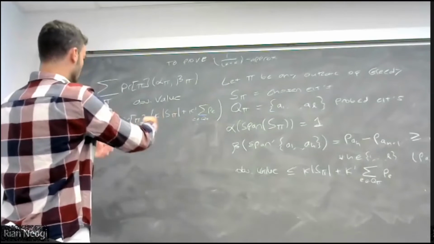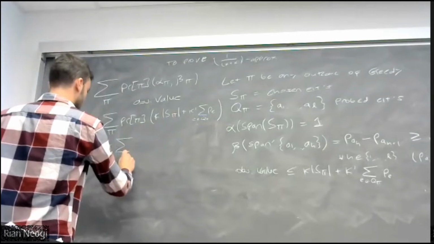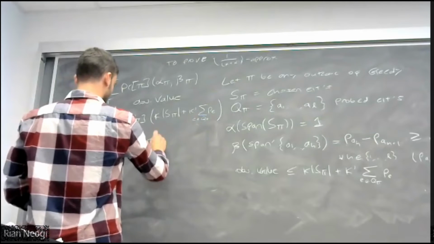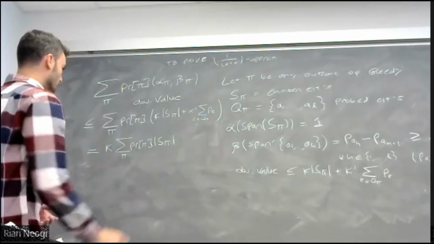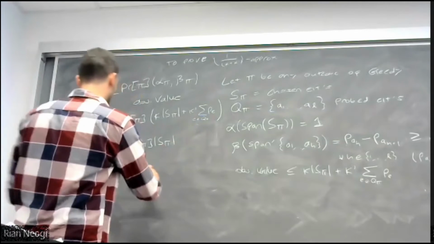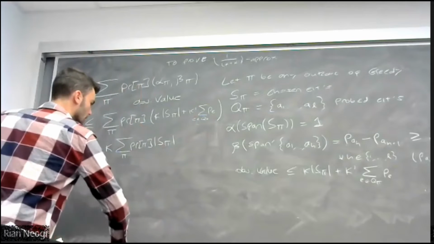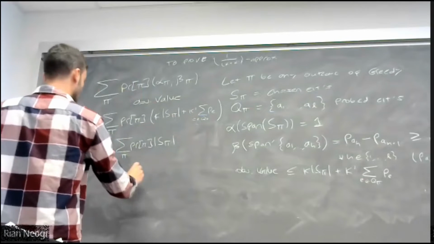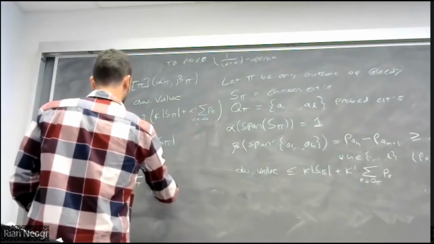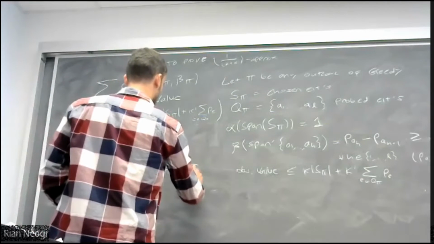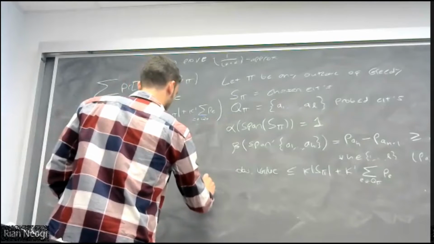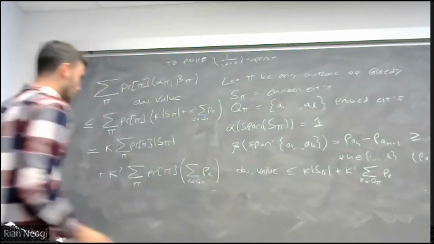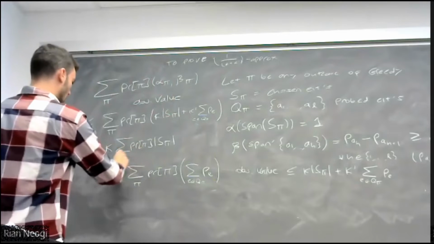If we do some rearranging in the first part, we distribute this and take out the k's: k times the sum over all pi of probability of pi times size of S pi, plus k prime times the sum over all pi of probability of pi times the sum over all elements that are probed of the activation probability.